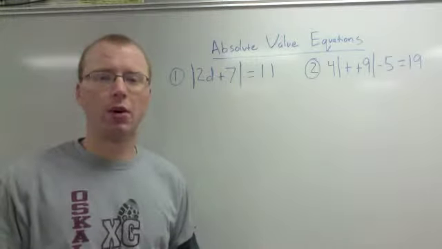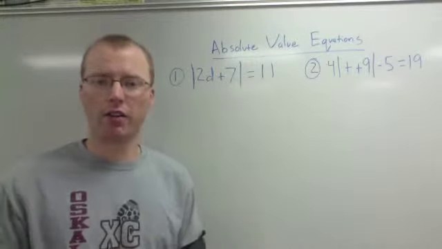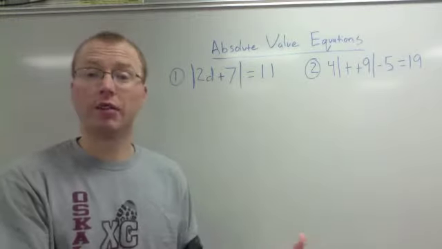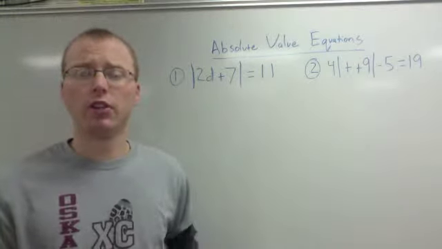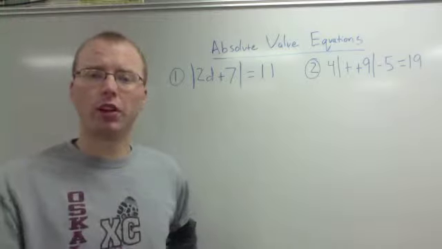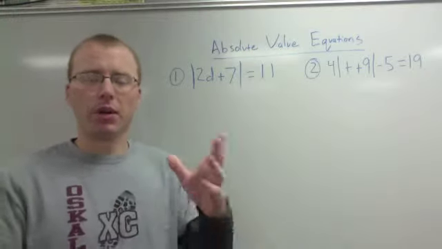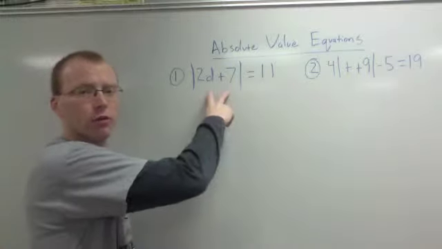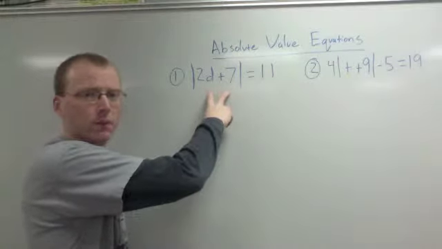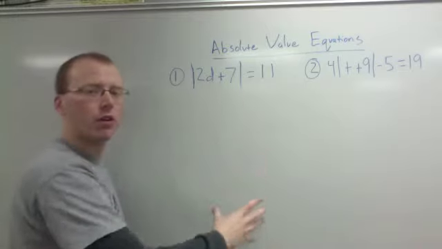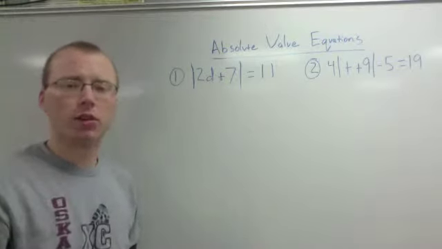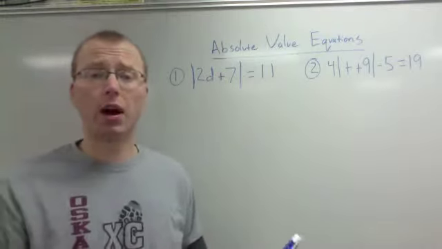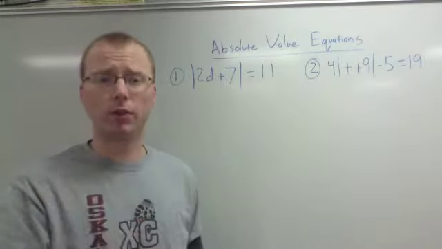The absolute value of 5 is 5. The absolute value of negative 5 is 5. So you could have two potential answers in absolute value. Because of that, we're going to write two equations from the original equation, and then we're going to solve both equations.